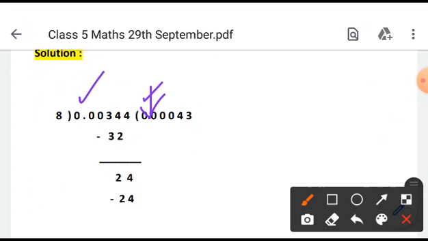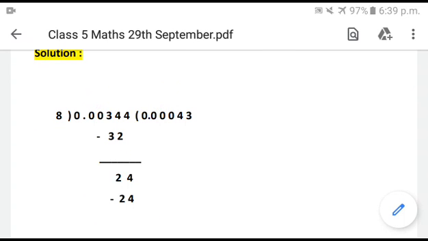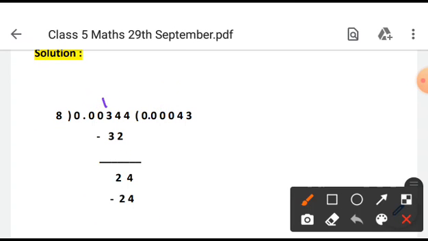Then after that, here again 0, so you are putting the 0, not going. Now again 0 you have, so you put the 0, it is not going. Now you have 3, but 3 is also not going. 3 will also not go by 8. That means 3 cannot be divided by 8. So again you are putting 0.